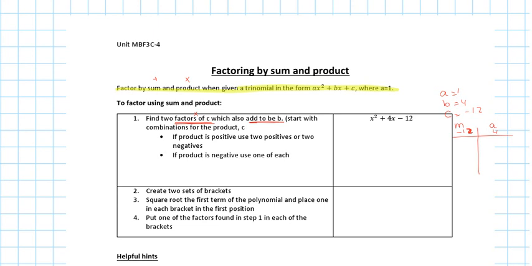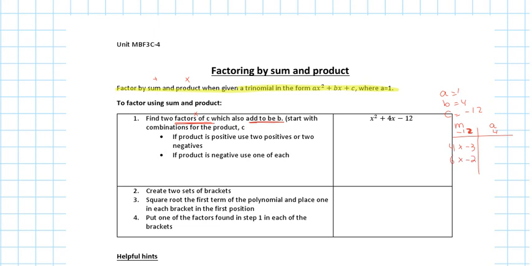What multiplies to 12? 4 times 3. Now the big number has to be positive and the small number has to be negative, so it's going to be 4 and negative 3. And then 6 and negative 2.